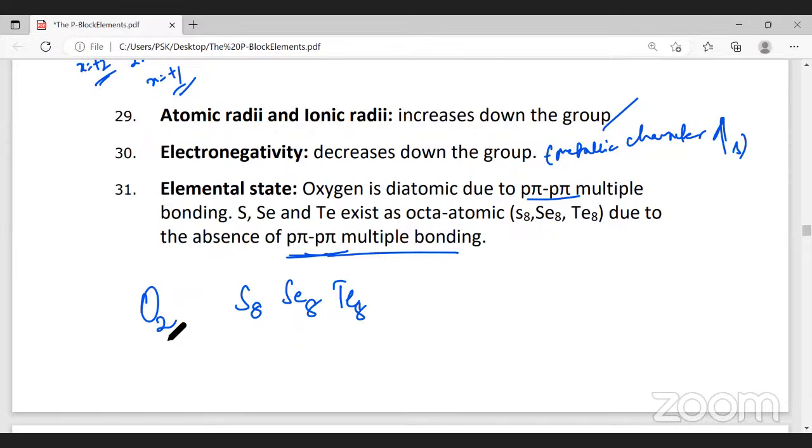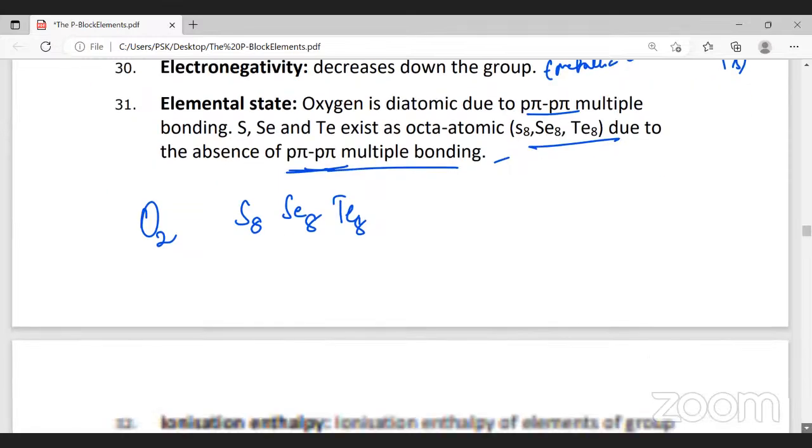Oxygen exists as diatomic element because O2 contains only 2 atoms. S8 contains 8 sulfur atoms, octa element. You should remember why oxygen exists as O2: because of the presence of p-pi multiple bonds. Sulfur, selenium, and tellurium exist as S8, Se8, and Te8.